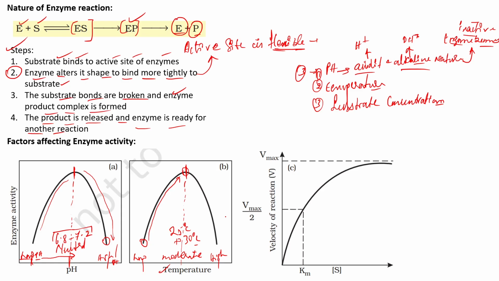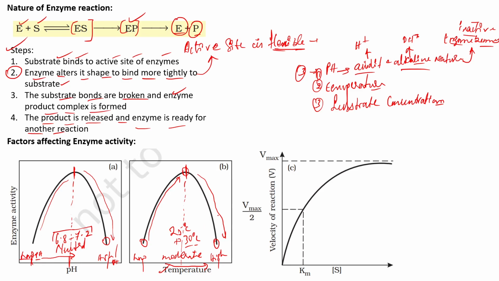But the graph itself indicates that proteinaceous enzymes mainly require a very narrow, moderate range of temperature, which, as you can see, is around 25 degrees Celsius to 30 degrees Celsius. If we go on increasing the temperature further, the activity of the enzyme goes on decreasing, and finally there is no activity at all, because the enzyme is completely destroyed.